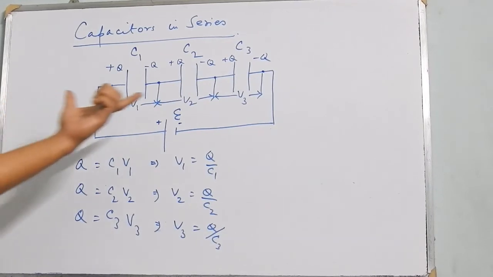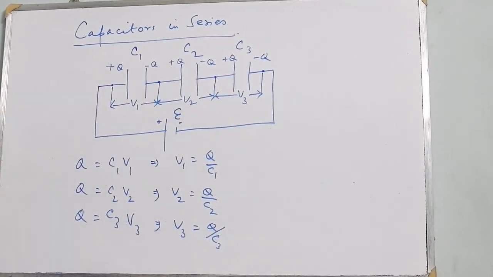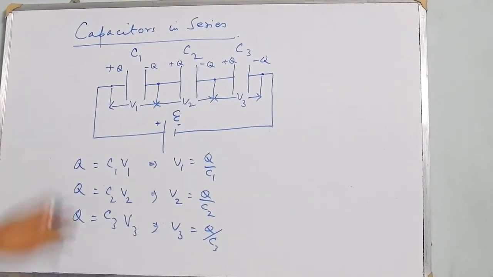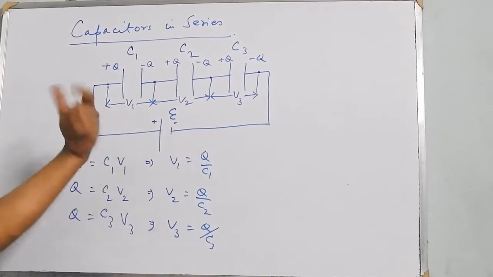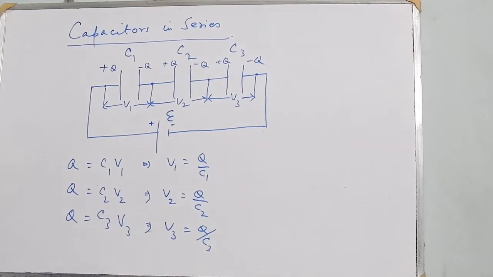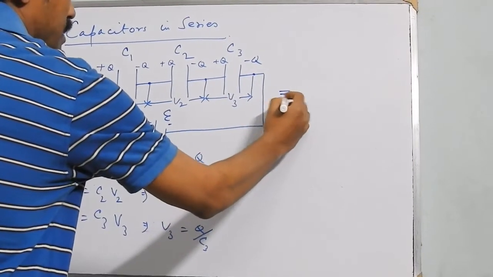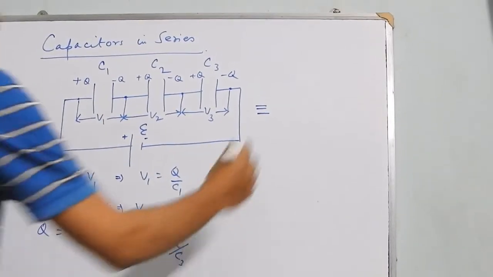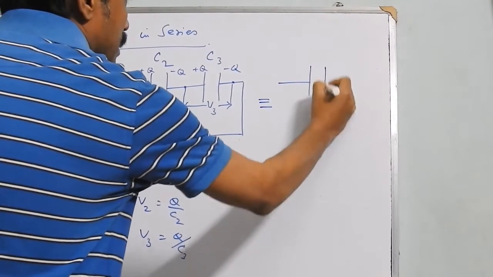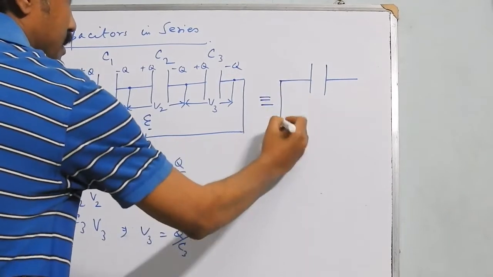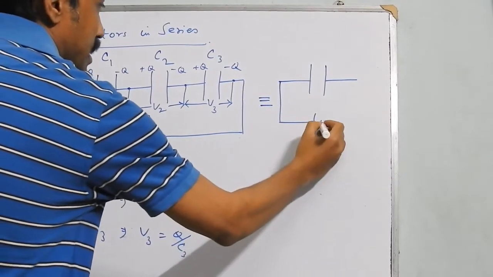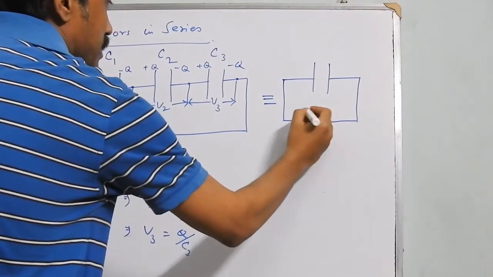Now, if we replace this combination of three capacitors by a single capacitor such that the same battery is connected to the ends of that capacitor, this equivalent diagram will be something like this. The three capacitors are replaced by a single capacitor and the same battery is connected to its ends.